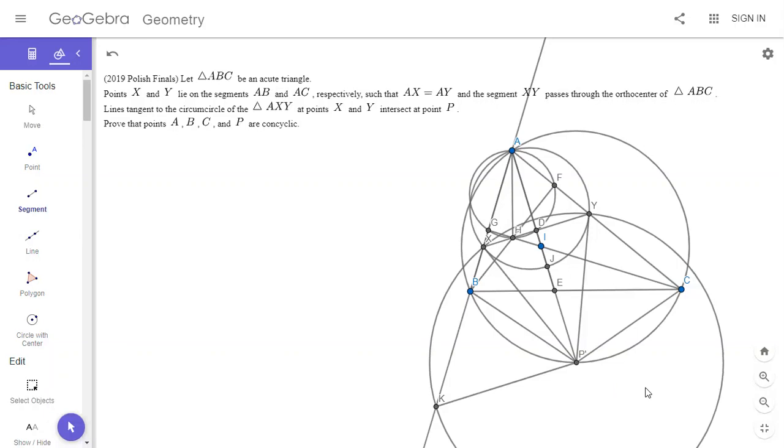And then triangle P prime XK is isosceles, right?